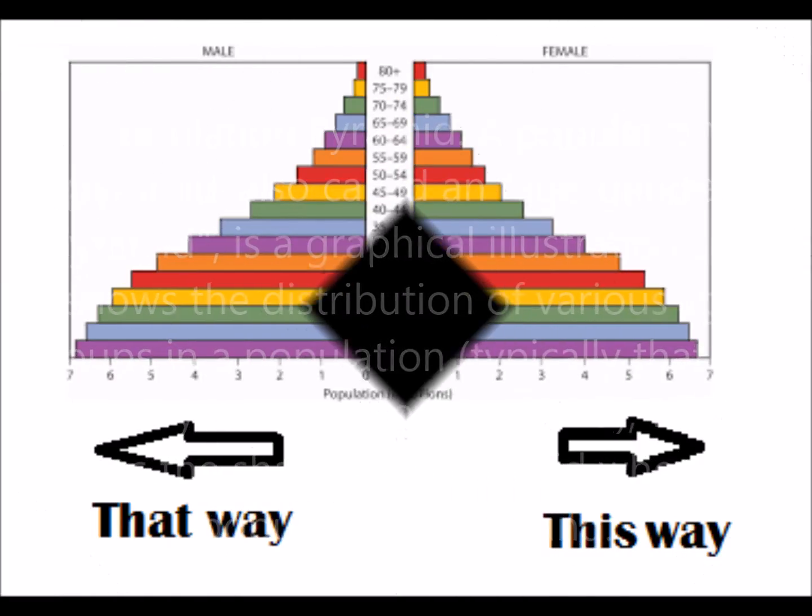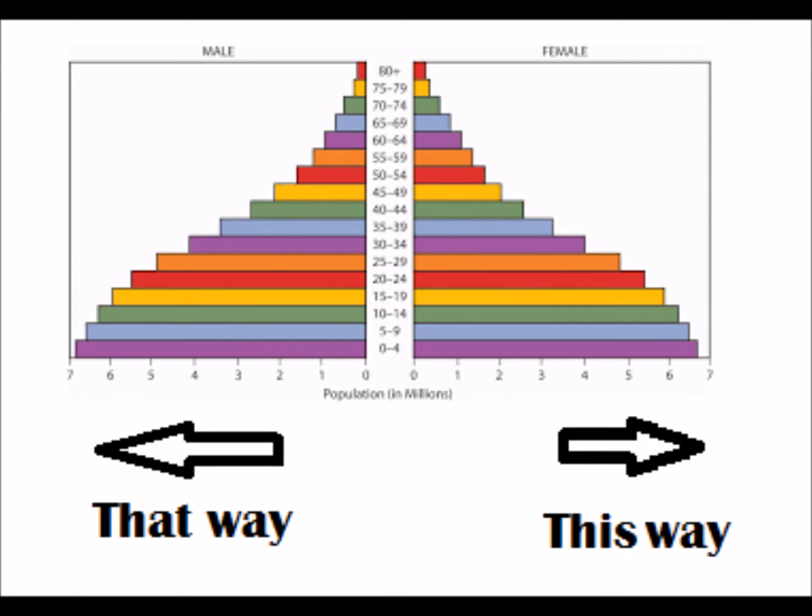So let's say that you are looking at Jamaica. I'm from Jamaica. So let's say that you are looking at the Jamaican population structure. I would actually have all the males on the right and the females on the left, right? Yes, it's right. Males on the right, females on the left.